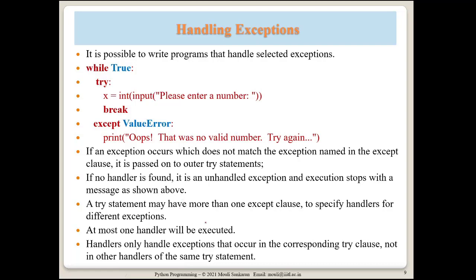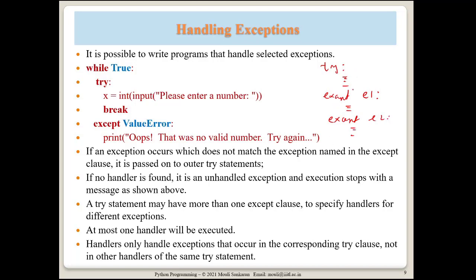So what I'm trying to tell you is, suppose you have a try and then a program, and then except E1, suppose E1 is an exception type, some code, except, colon is there, try also has a colon, except E2, some code is there.